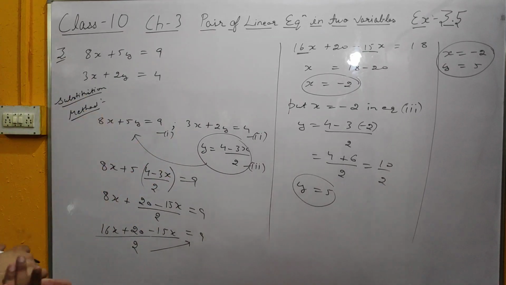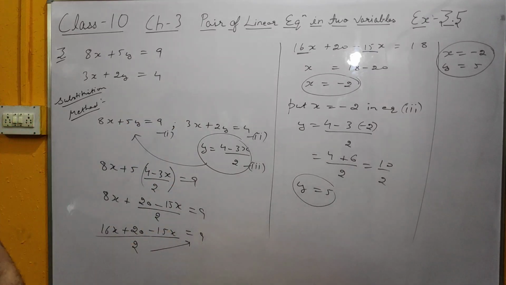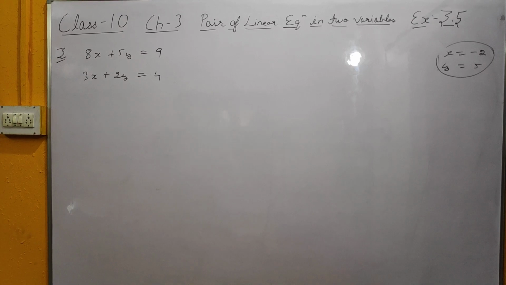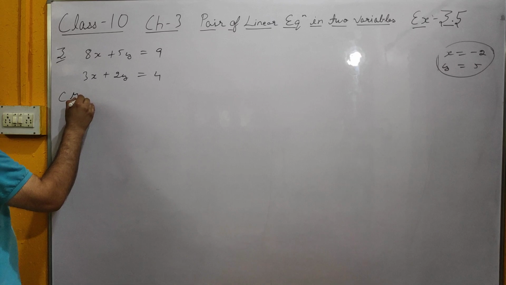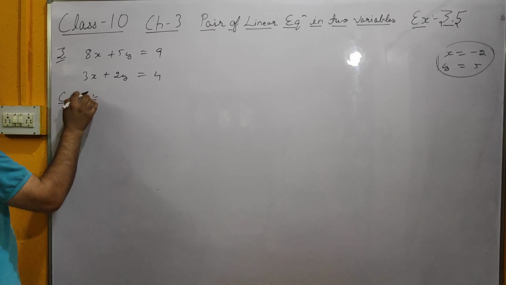Now we will solve it by cross multiplication also, and we will find that the answers will be the same. Now let's solve it by the cross multiplication method, or you can say CMP.